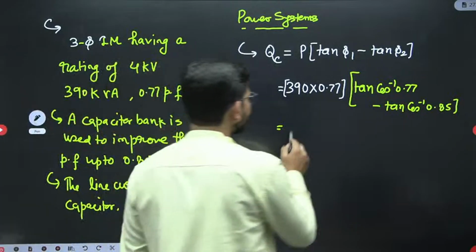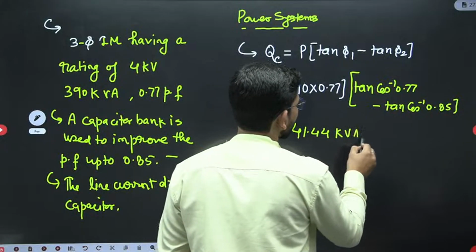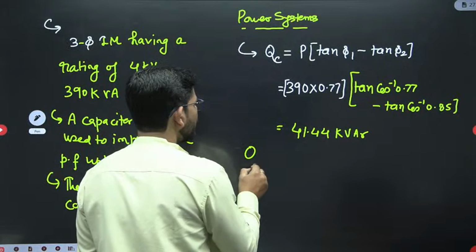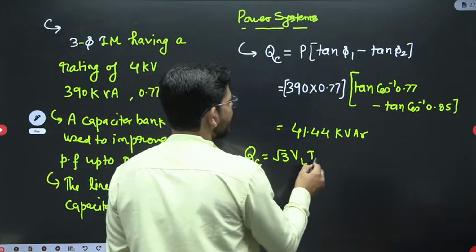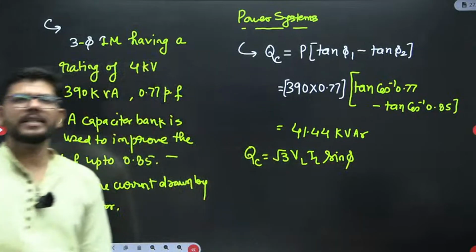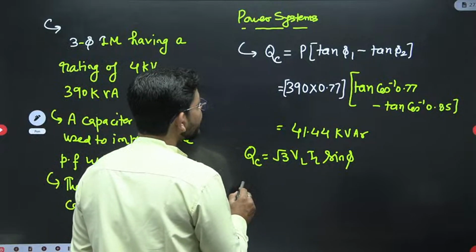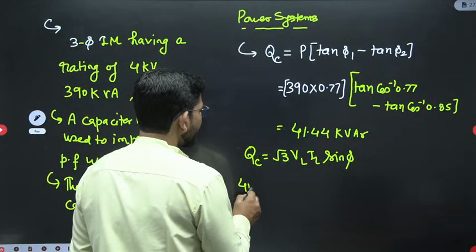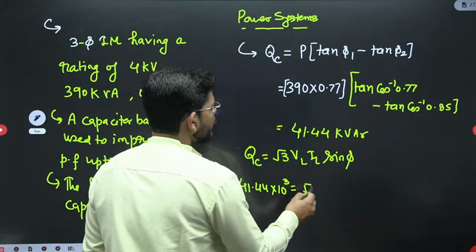QC was coming 41.44 kVAr. Once you get the QC, equate QC with root 3 VL IL sin phi, because it is the capacitor, so the phi angle will be 90. So QC is 41.44 kVAr that you are getting, equal to root 3 into the voltage.